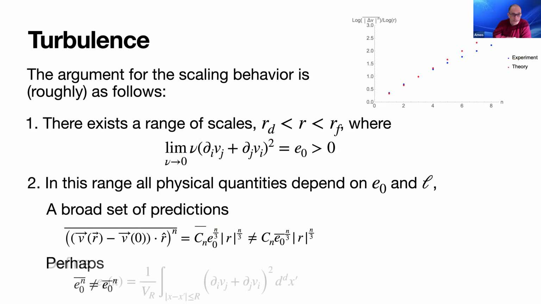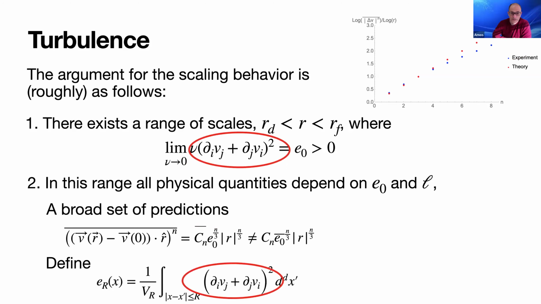So what one can do is to define this quantity, which is an integral over the shear squared. The circled quantity is the shear squared, and it's being integrated over a region of size big R. V of R is just the volume of that region.